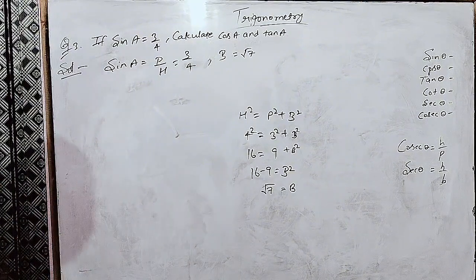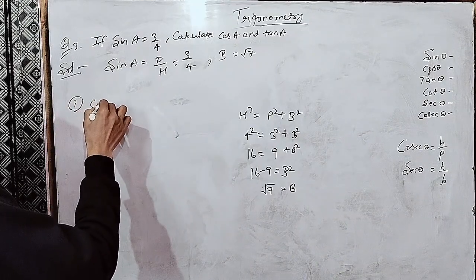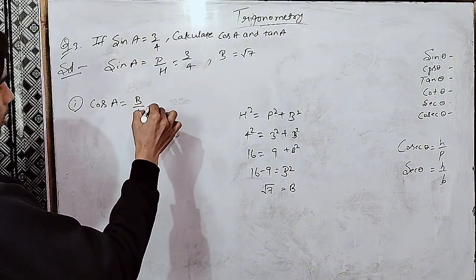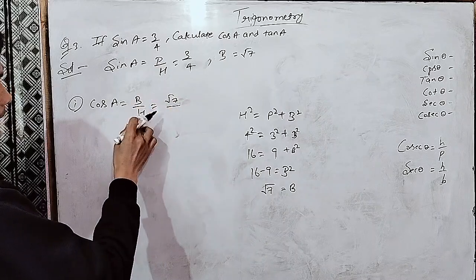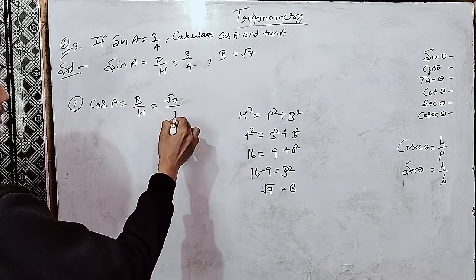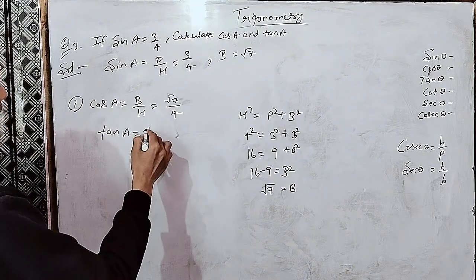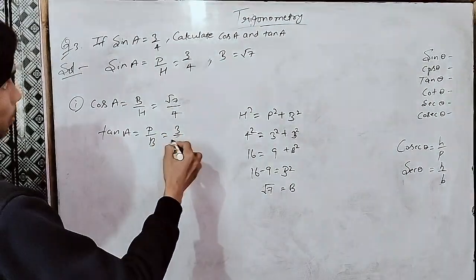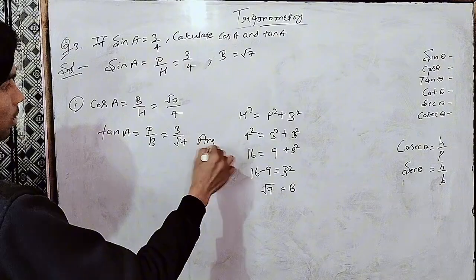Okay. And cos A is B by H. Am I right? B is root 7, over H, which is 4. And tan A is P by B. So P is how much? 3. B is root 7. Okay, that's it.